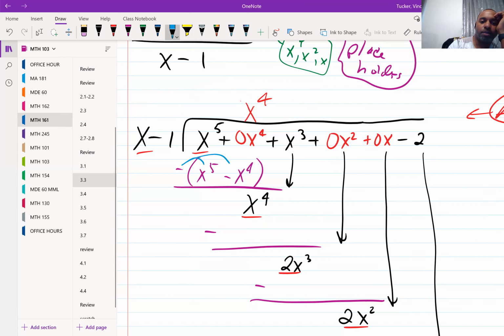Distribute that negative. So these will cancel, and then x to the 4th plus 0 is just x to the 4th. Bring down x cubed. Then you say, what times x will give me x to the 4th? That's just x cubed.